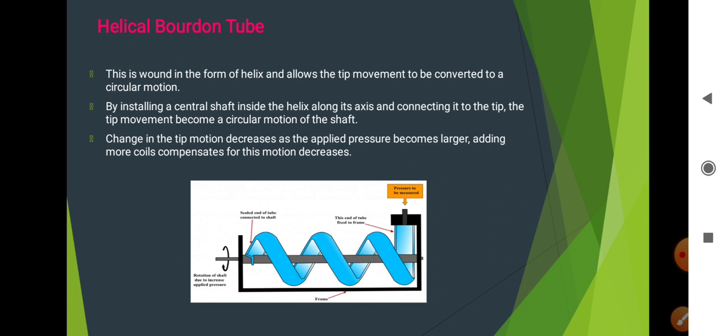Adding more coils compensates for the motion decrease. So if we want to measure high pressure, we add more coils. This type is also more sensitive and accurate than the C-type Bourdon tube.